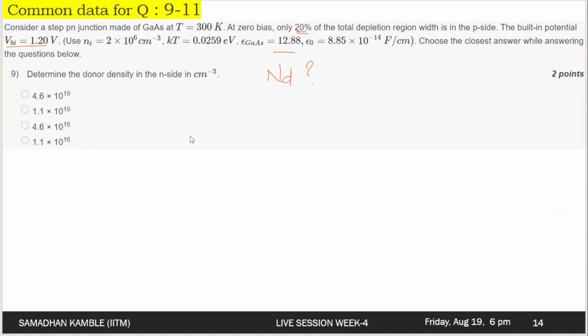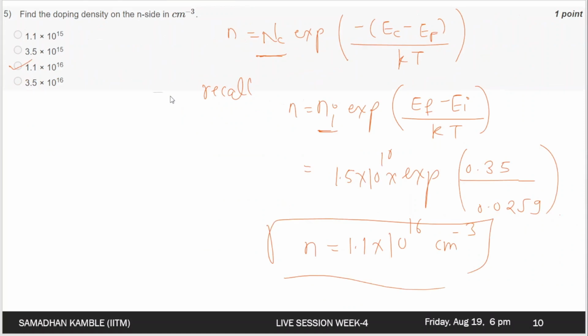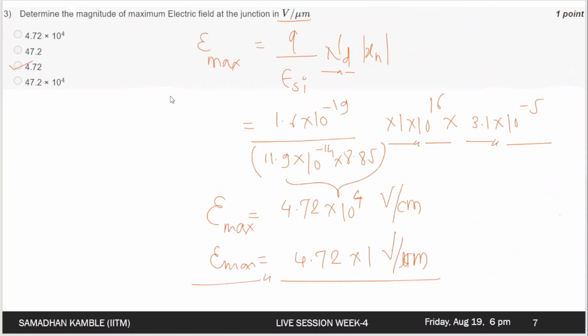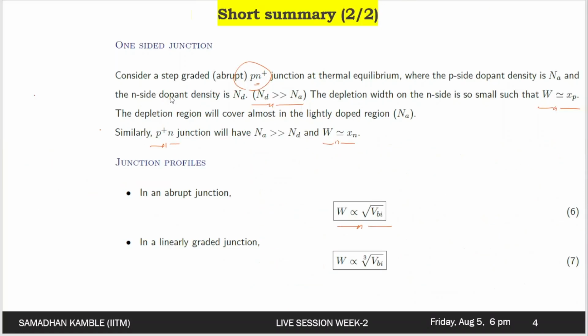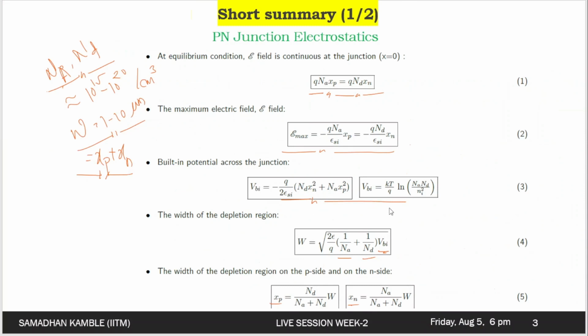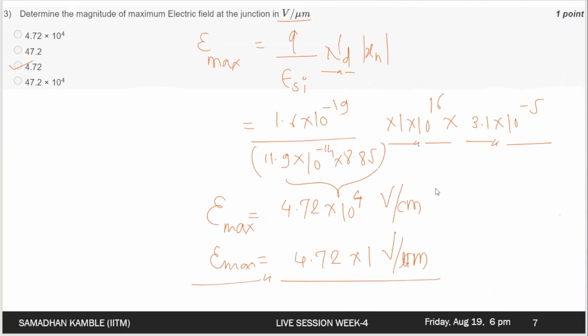The built-in potential is given, and we know a relation of built-in potential with the doping concentrations. We can use the intrinsic charge carrier concentration and the relation for Na and Nd. So let me go to the question slide.